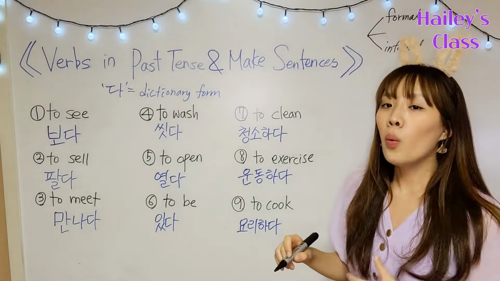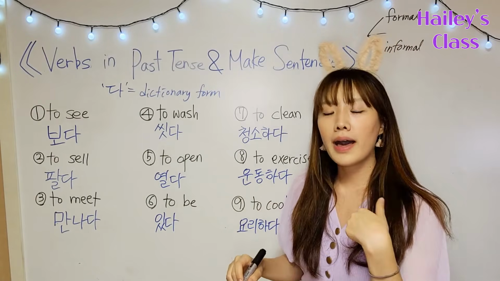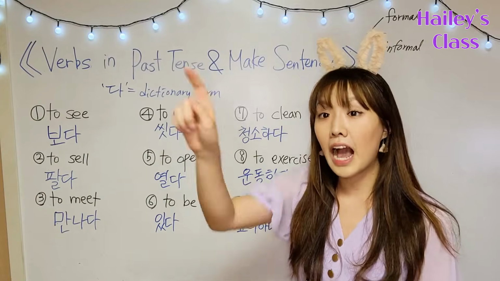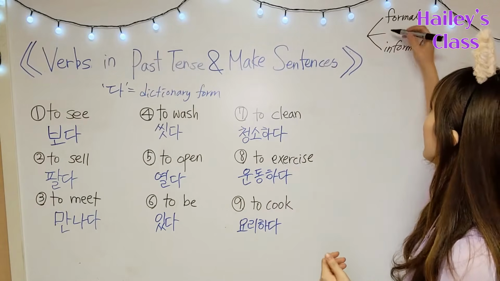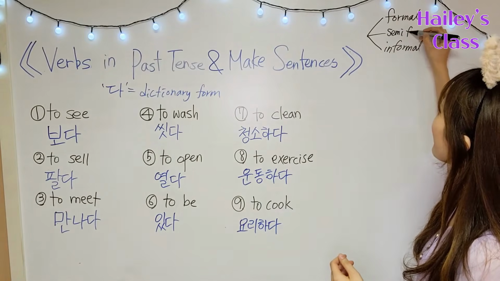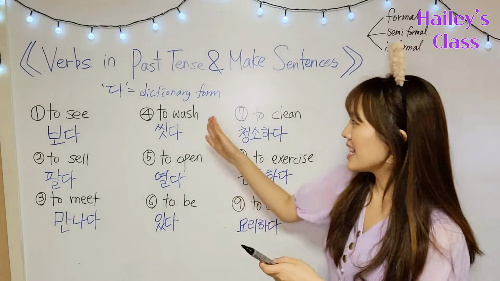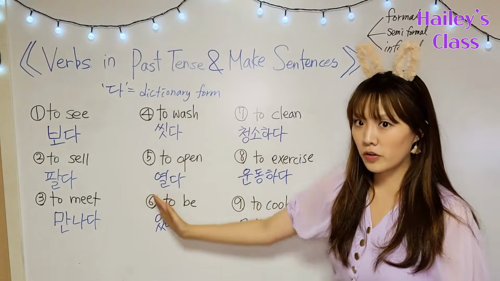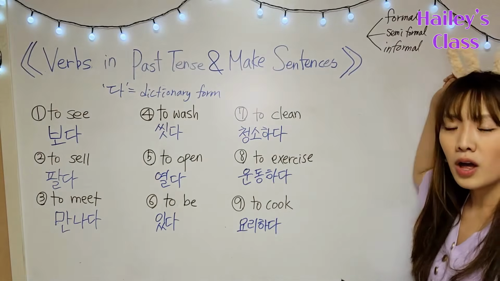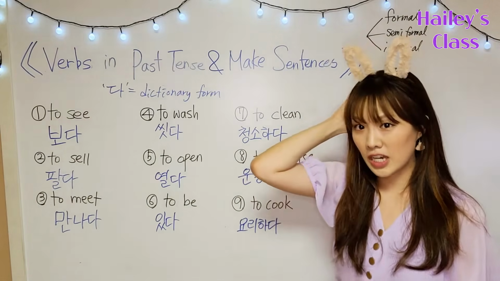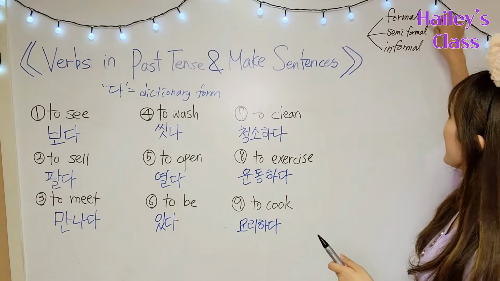And when I talk to my friends, when I go to the cafe and talk to the cafe staff, when I order something, we use semi-formal. We change the dictionary form to formal, semi-formal, informal. We change it in these 3.